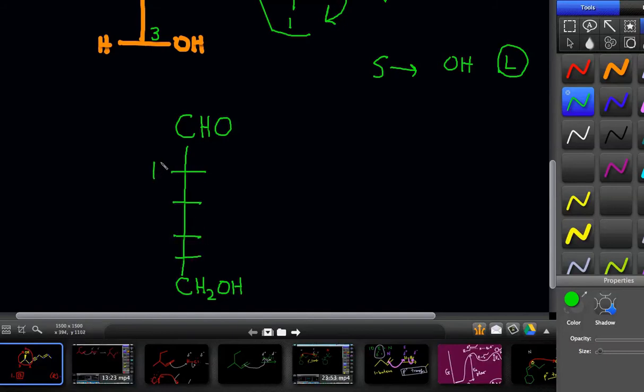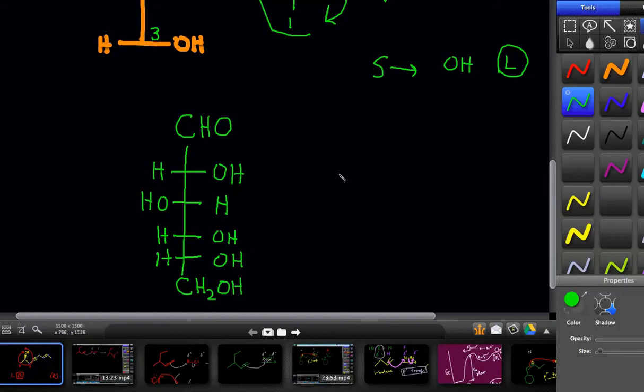On carbon 2, we want R, so we put OH to the left, or excuse me, to the right. On 3, we want S, we put it to the left. On 4, we want R again, OH to the right. And on 5, we want R, so again to the right.